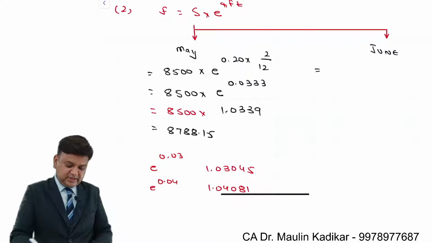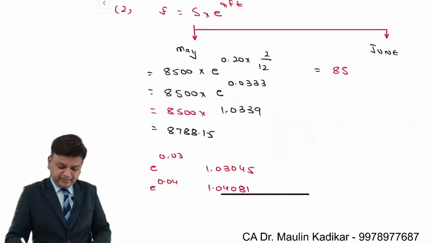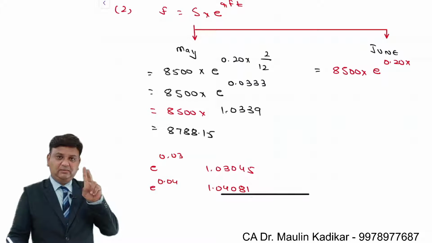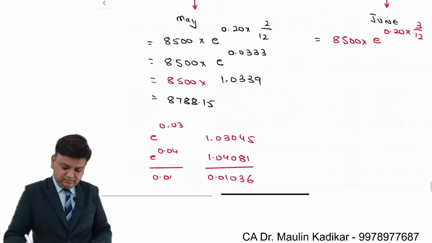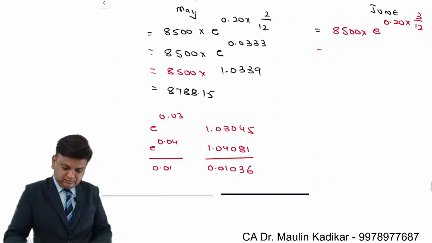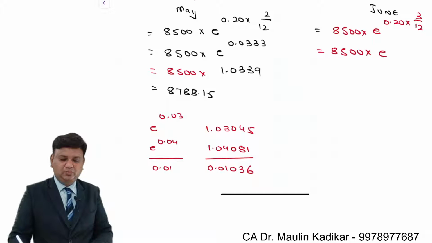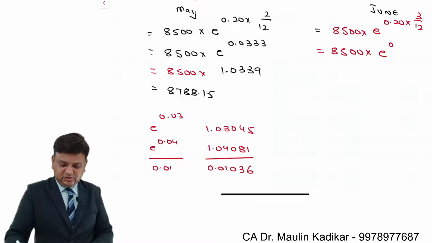For the month of June, again it is very simple. It is 8500 into e raised to 0.20 into April, May, June, 3 divided by 12. So 8500 into e raised to 0.05.